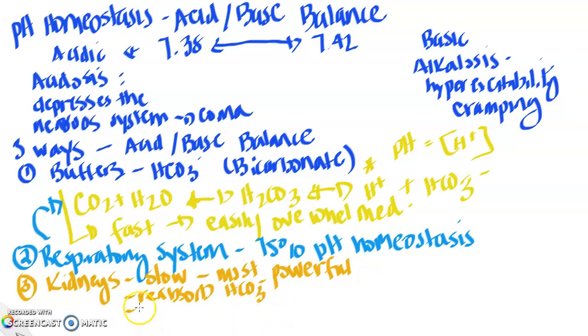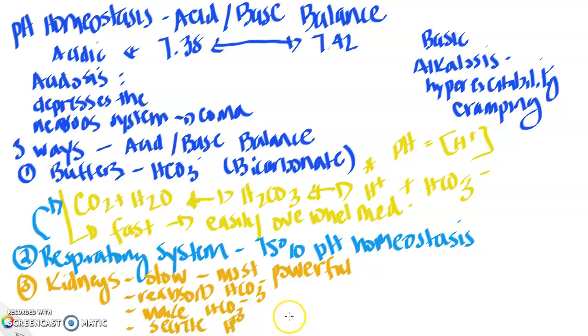The kidneys can also make bicarbonate, make HCO3 and absorb it. And of course, the kidneys can secrete hydrogens.